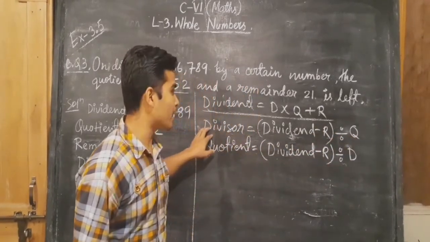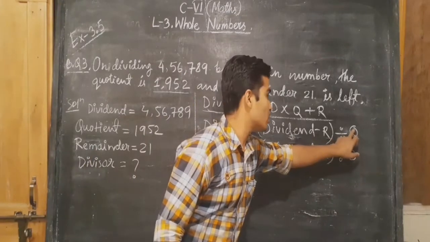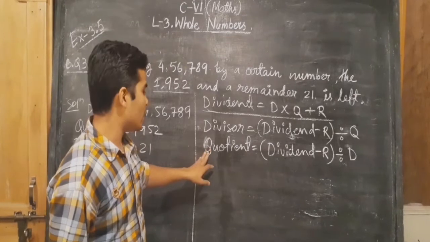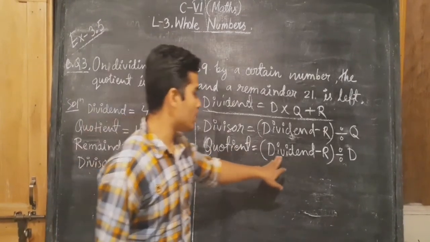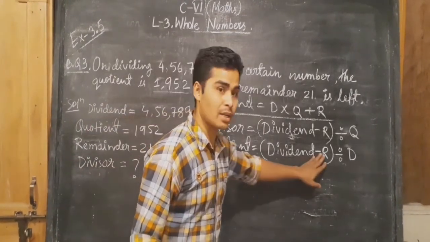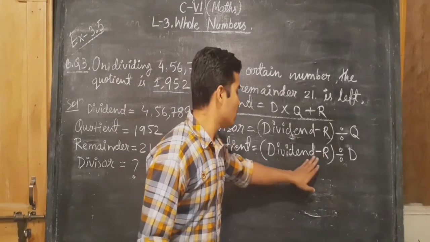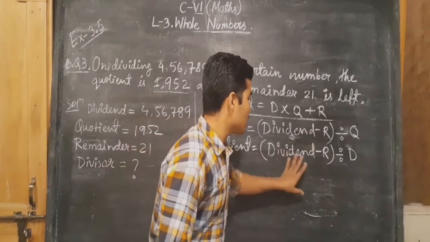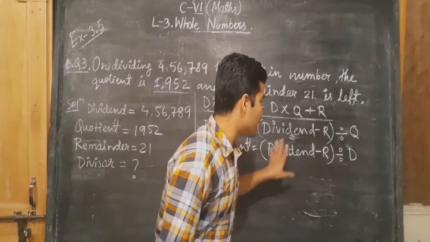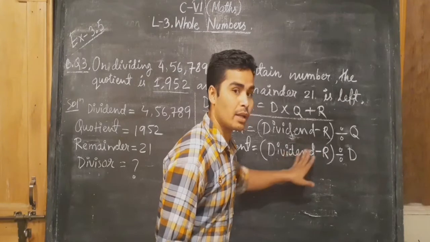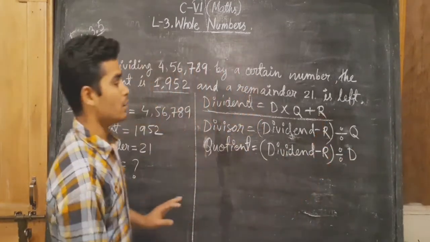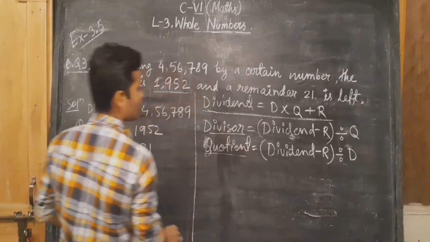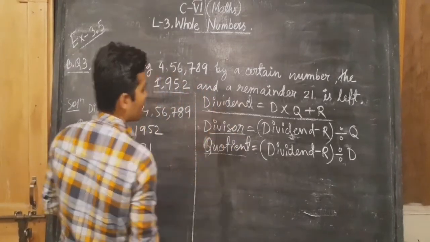When divisor we have to find, then quotient will be here. And if we have to find the quotient, then the first step will be always remain same, dividend minus remainder. Whatever remainder will be given, we have to subtract that remainder from the dividend, and after that we have to divide the difference of dividend and remainder by the divisor. So these two formulas we get from the division algorithm.